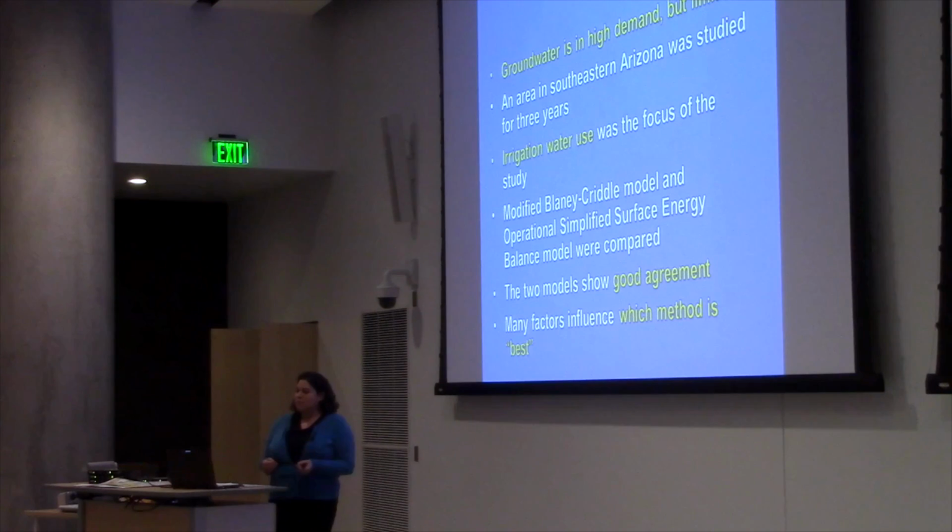Modified Blaney-Criddle and the operational simplified surface energy balance model compared to each other very well, depending on the circumstance. And all the factors that go into the study, the growth, everything, determines which model is going to be best. So it's really dependent on the specific case which one is going to be best.